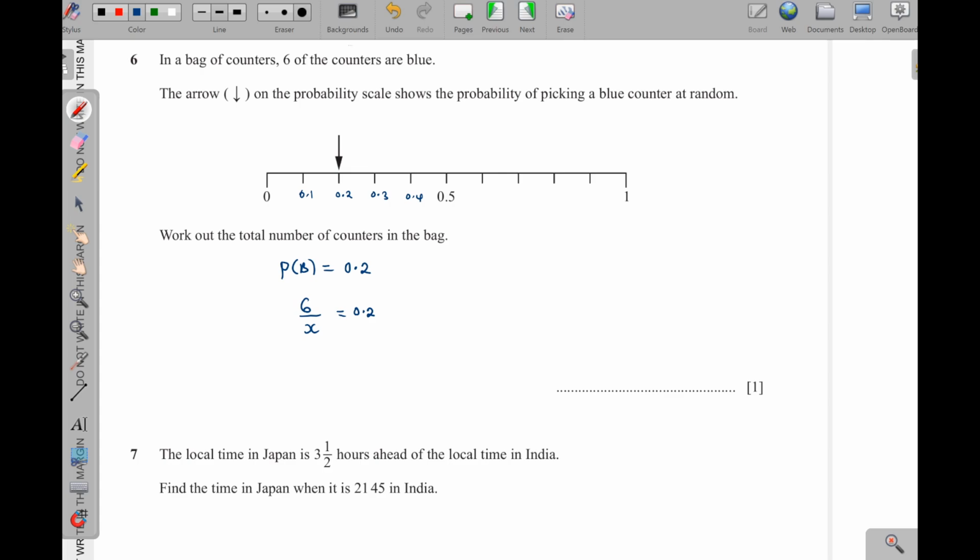So when we cross multiply, we shall get 6, which is equal to 0.2 of X. And then X will be equal to 6 divided by 0.2. And that 0.2 is the same as 2 over 10. The 10 will go up here. Then you will get 60 divided by 2, so that will be 30. So we shall have 30 as our answer.